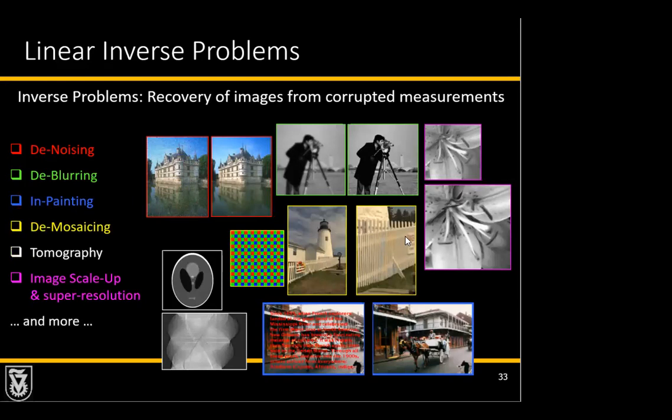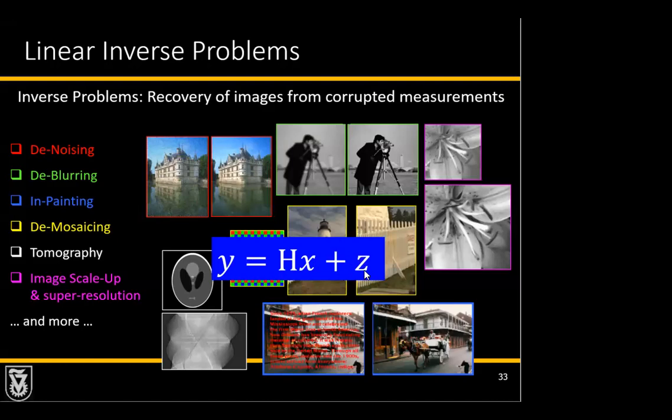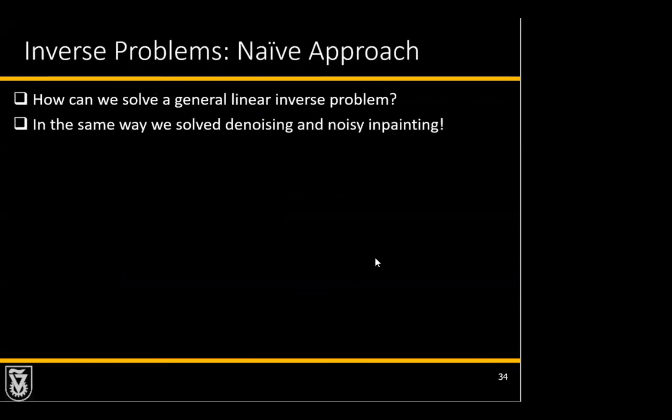All of these problems fall under the umbrella term of linear inverse problem, where we assume that we observe a degraded version Y, which is formed by taking the original clean image X, multiplying it by a linear operator H, applying the linear operator on it, which can be assumed to be a matrix, and adding some Gaussian noise of a known standard deviation, Z. Okay, so we are given Y and we want to recover X. Well, we can do this using the same way we solve denoising and in-painting.